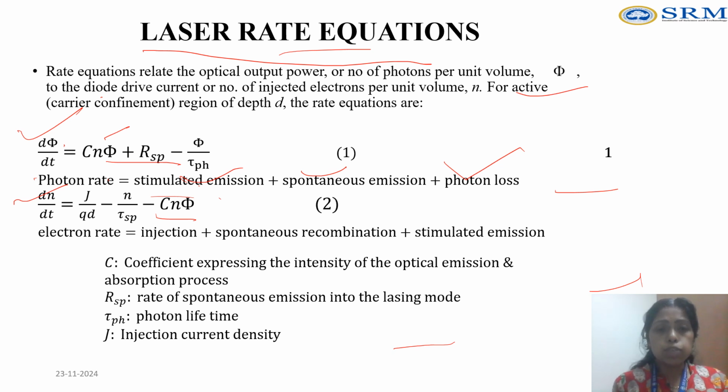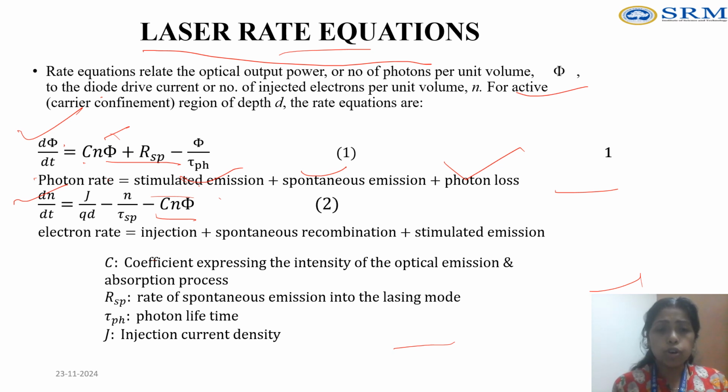The photon rate associated with the stimulated emission can be defined as C N phi. What is C? C is the coefficient expressing the intensity of the optical emission and absorption, so that it is related to emission as well as absorption.